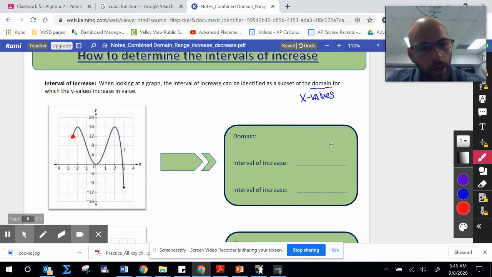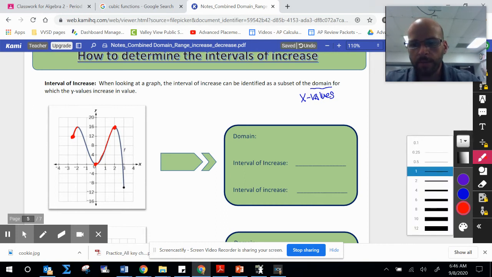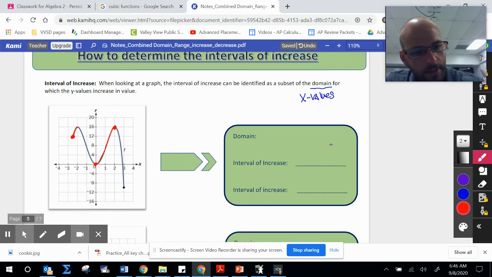So we always read a graph from left to right, and it goes up. And if you look here, this other area of my graph is where it goes up. Okay, so again, I want you guys to see this area goes up and this interval is going up. So the first interval is going to go from about a negative.